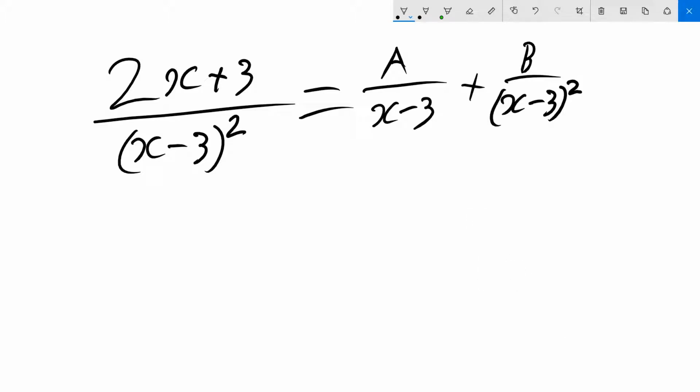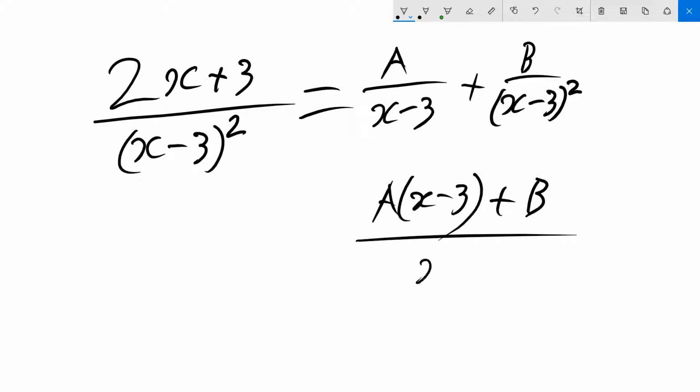So we're going to get, I'm just going to skip writing out the first bit, that's going to be x minus 3 squared. So all I've done is I've times the first fraction by x minus 3 divided by x minus 3, which is still 1, which makes it still equate.